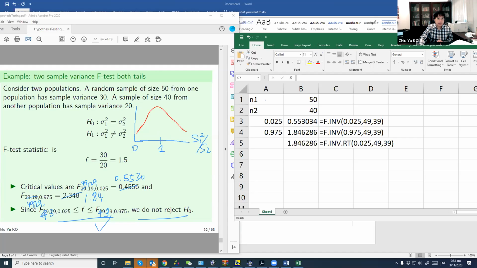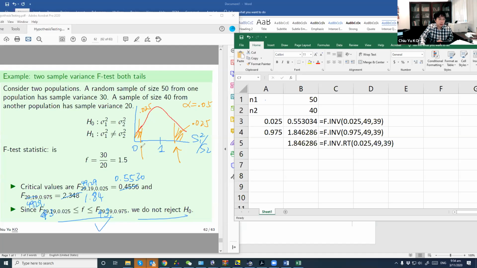Now alpha is 5%, which means I apply 0.025 here and 0.025 here. And how do you find this?